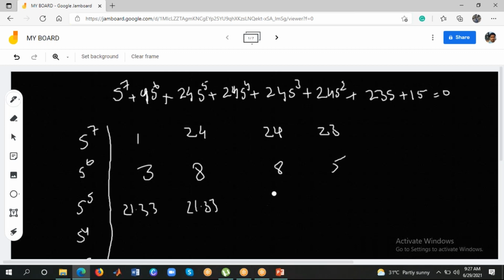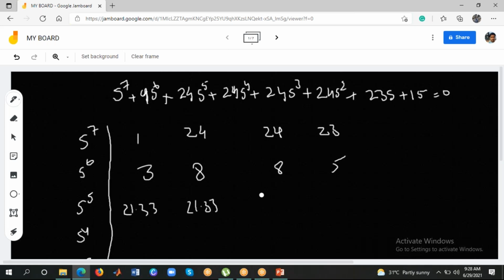Next, the third term in S power 5. So you will get the same value. 8 into 23 minus, sorry, 3 into 23 minus 5 divided by 3.